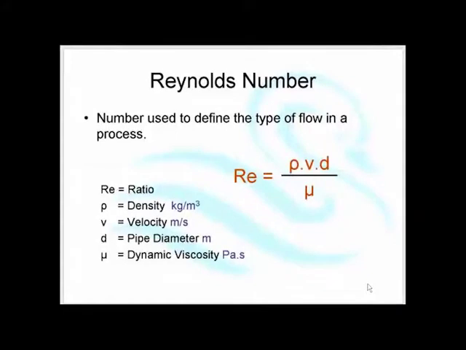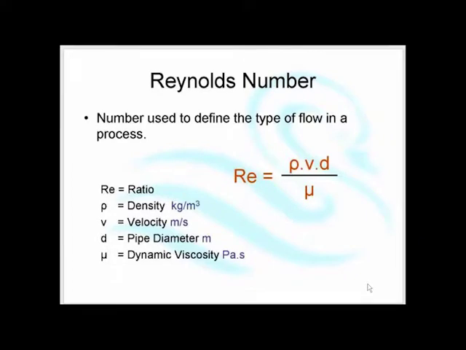There was a chap called Osborne Reynolds, and Reynolds came up with a number which expressed the different ways that liquid or fluid would flow in things like pipes.